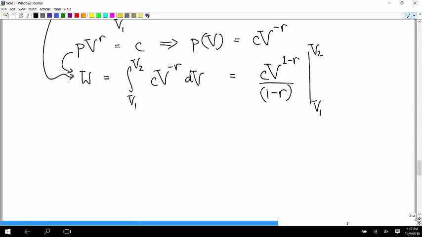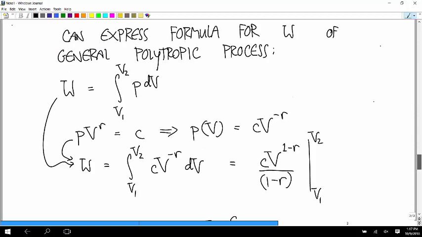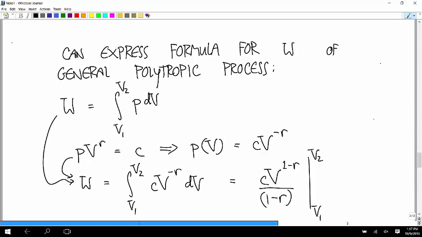And notice that C times V to the negative R is the pressure, right?